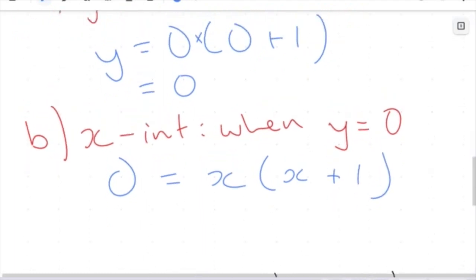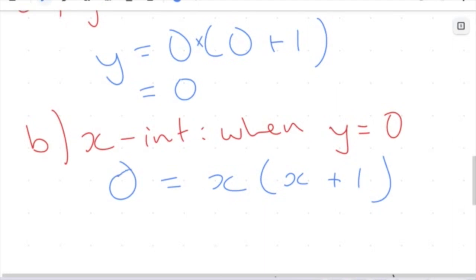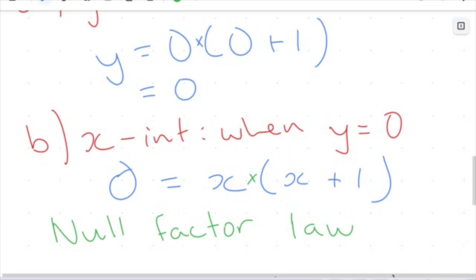Now, if we remember back to the start of this topic, we used something called the null factor law, which told us that because this is a multiplication, we can find solutions when this thing on the right equals 0 based on the values for x that make either this expression or this expression 0.